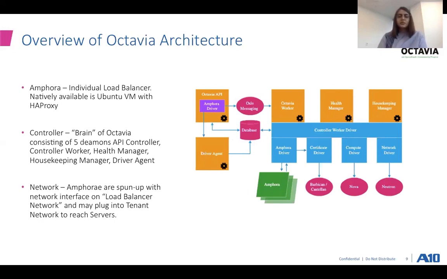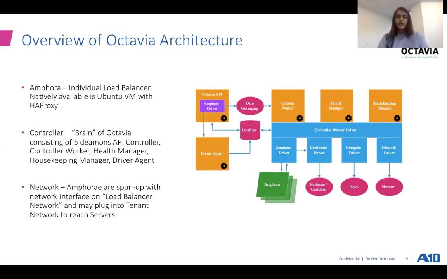Here I'm summarizing the Octavia architecture into three key components. First, amphorae: the individual load balancer is called an amphora. What's natively available as part of Octavia is an Ubuntu VM which spins up with HAProxy. Then you have the controller, which is essentially the brain of Octavia, with five daemon services running, such as the controller worker, the health manager, the housekeeping manager, and so on.